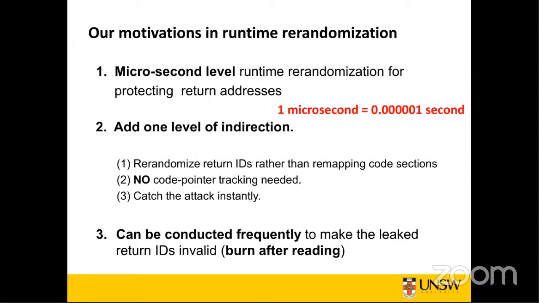In this way, we do not need to do the runtime time-consuming code pointer checking anymore. As a nice side effect, we also obtain an ability to catch the potential attack instantly. Third, our technique can be conducted frequently at any time to make the leaked return IDs invalid. That is burn after reading, the term that appeared in the title of our research.